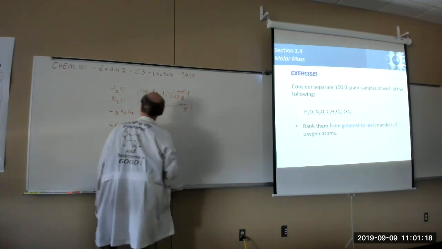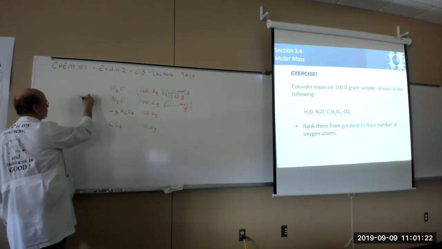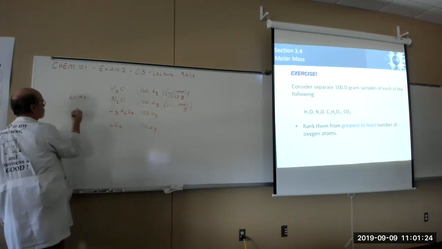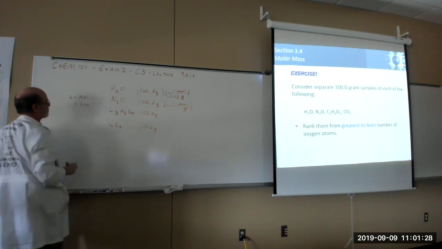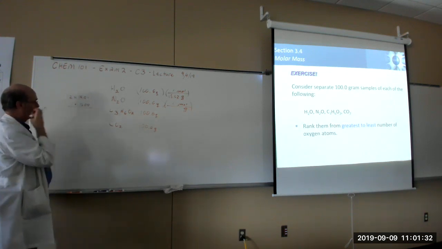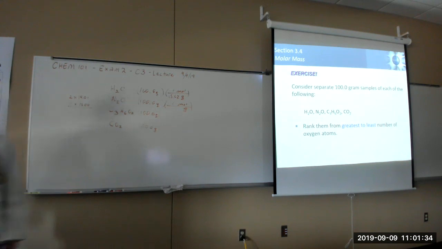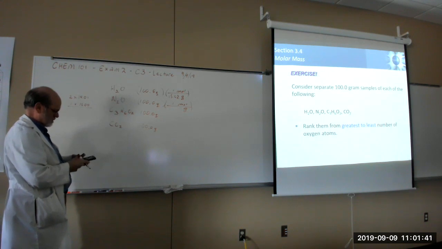Nitrous oxide. How many grams of that one? Well, you need 2 nitrogens times 2, and then 1 oxygen. So 2 times this one plus 1 times that one is 28.02 and 16.